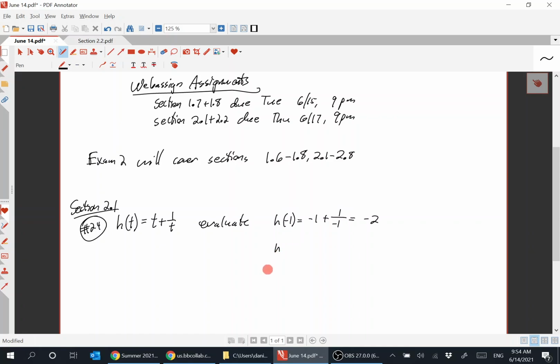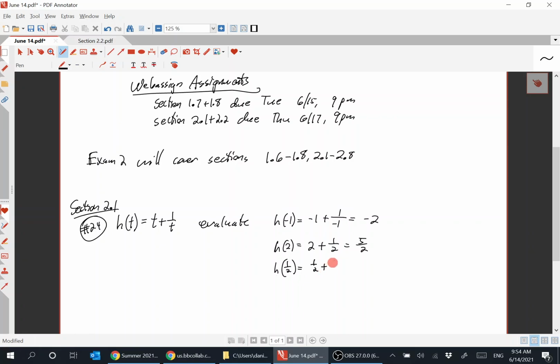H of 2 is equal to, well, for every instance of t, you put a 2. So this is 2 plus a half, which is 5 halves. H of 1/2, for every instance of t, you put a 1/2.